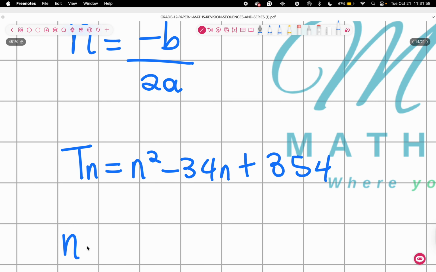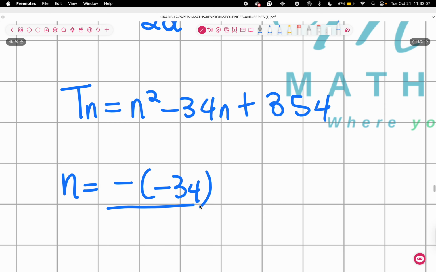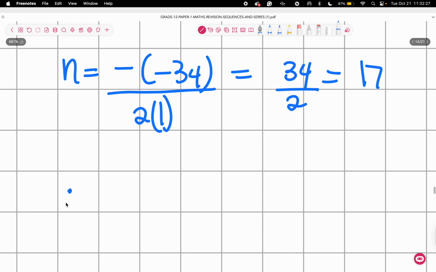So n is equal to negative negative 34 over 2 times 1. So this becomes 34 over 2. What's the answer for that? That is 17.